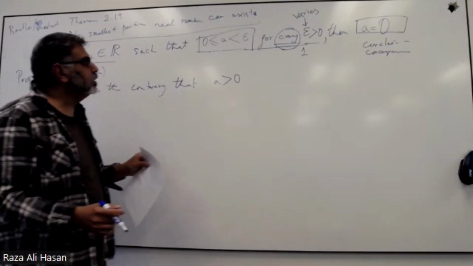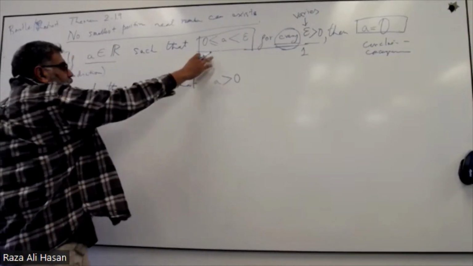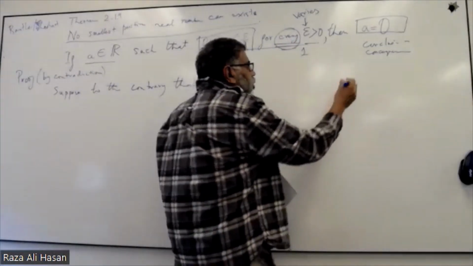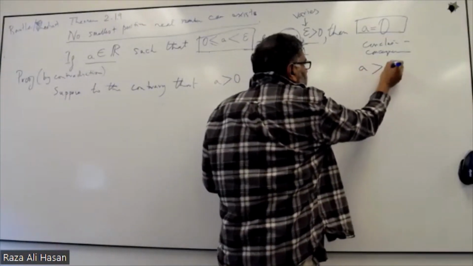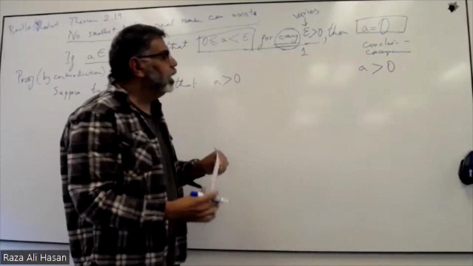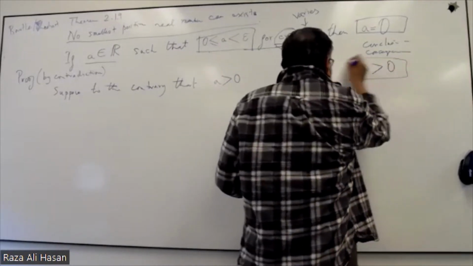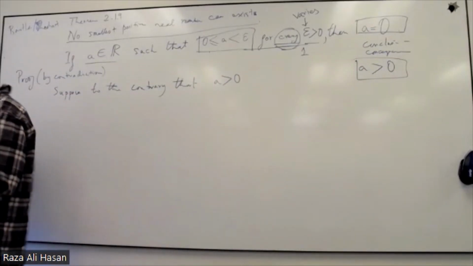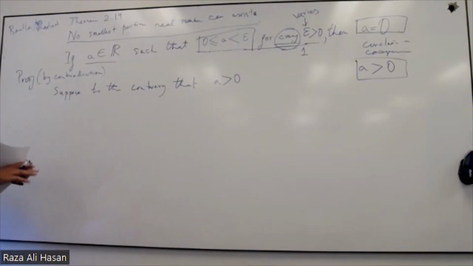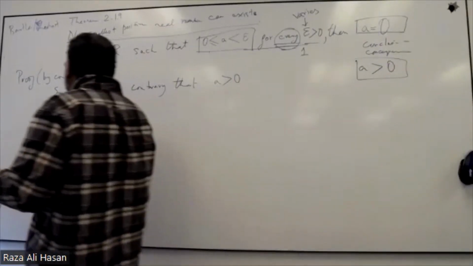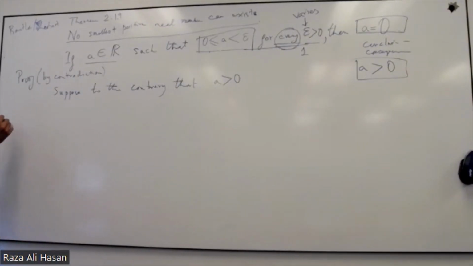In other words, what we are saying is that if this condition is true for every epsilon, then A's value has to be this. So I'm going to write a shorthand version of this, in brackets here.